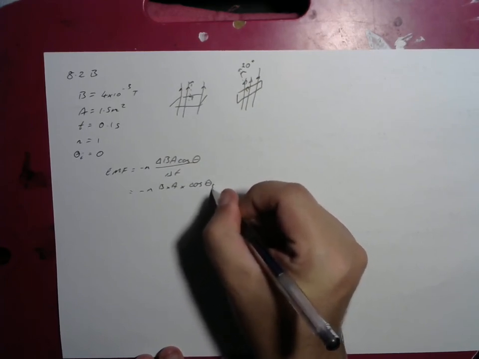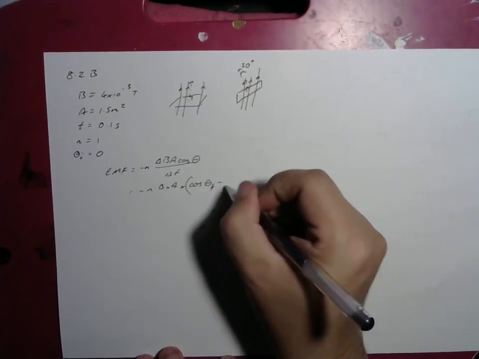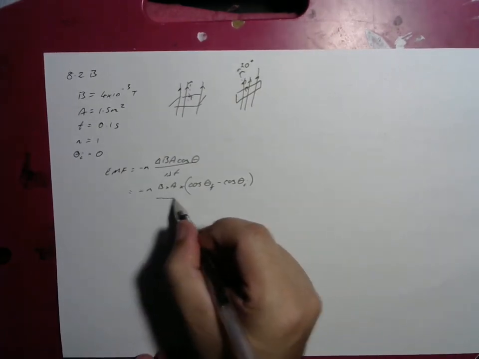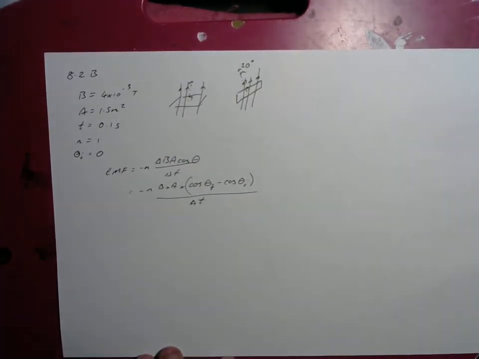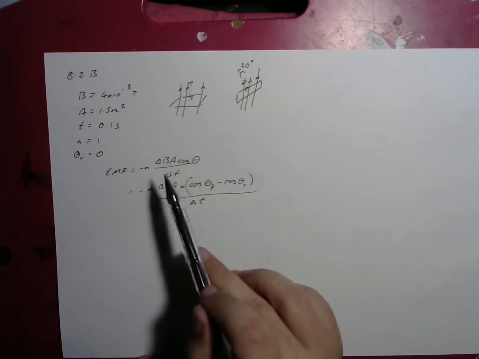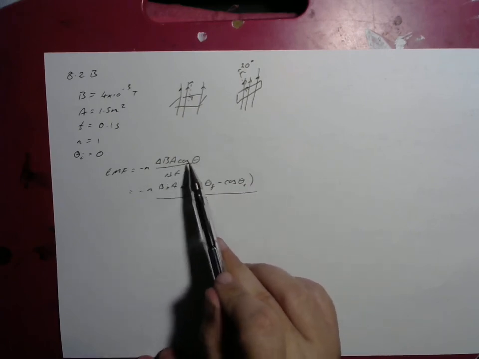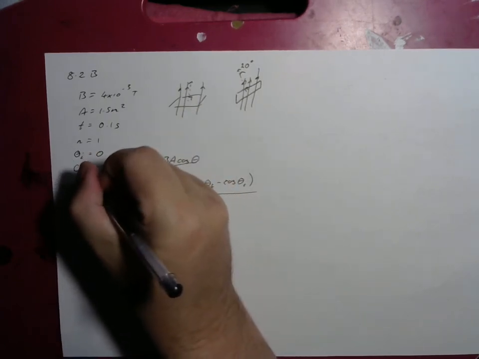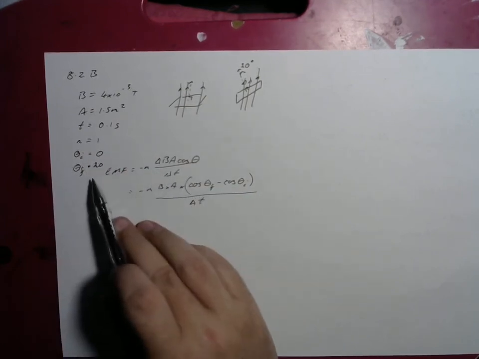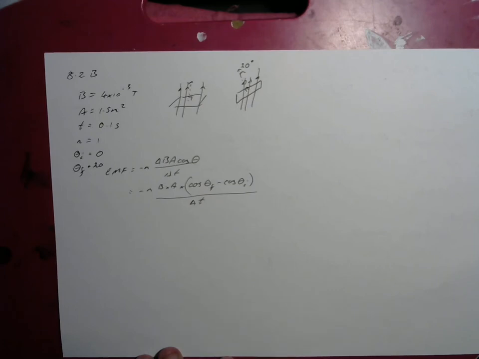So cosine final, take away cosine initial, all over delta t. So you've got to make sure that you do that appropriately. What you could do is work out the flux and go, BA cosine of 0 and BA cosine of 20, and then work out the difference that way.